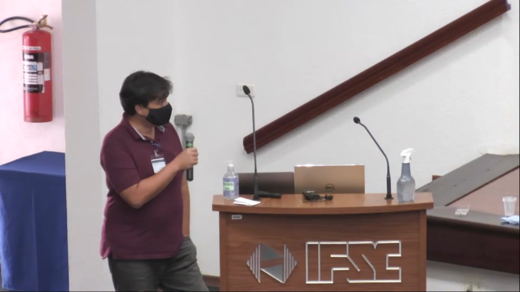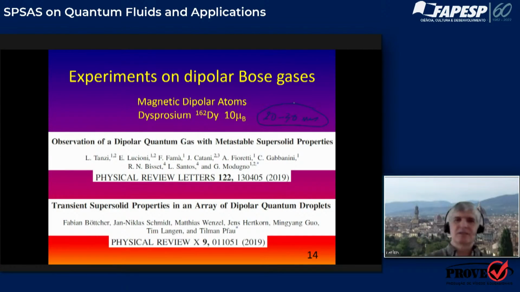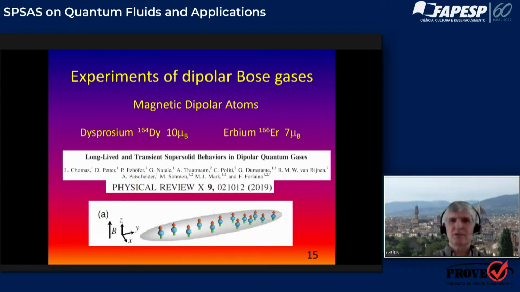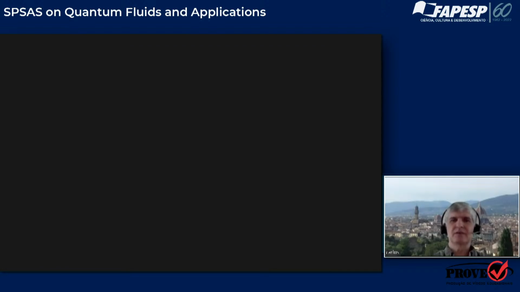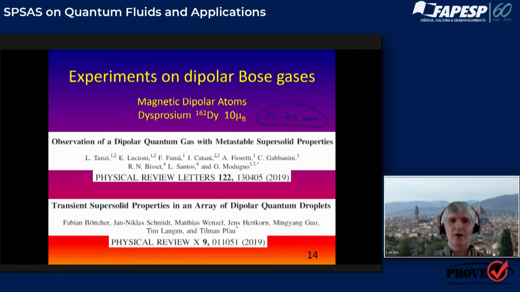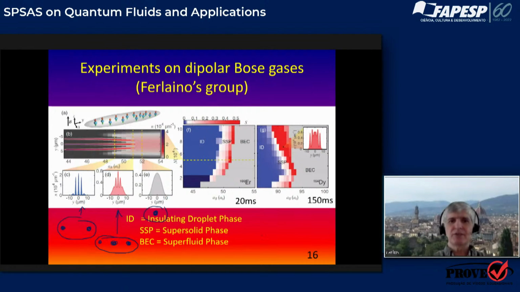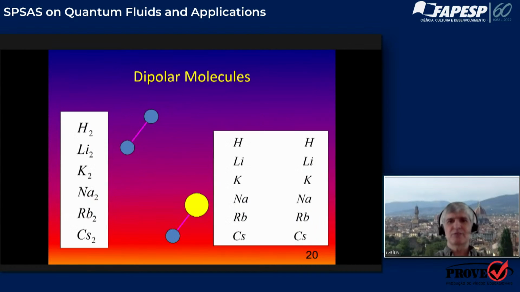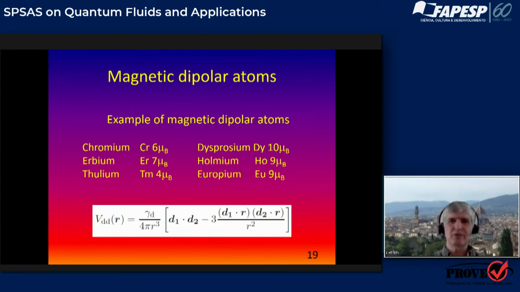So of all of these systems, dysprosium and erbium, dysprosium-164 seems to be the best, of the systems that have been explored so far. Earlier on, I mentioned there are other systems, and the question is whether you're courageous enough to go in that direction, like those that I list here.